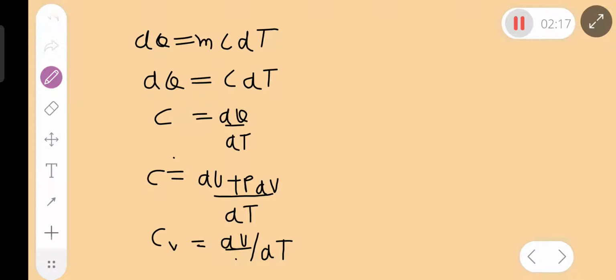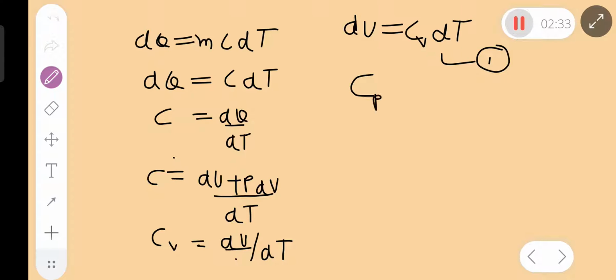So we get the value of du as Cv dt. We can write it as equation number 1. Similarly, we can write Cp is equal to dq over dt.